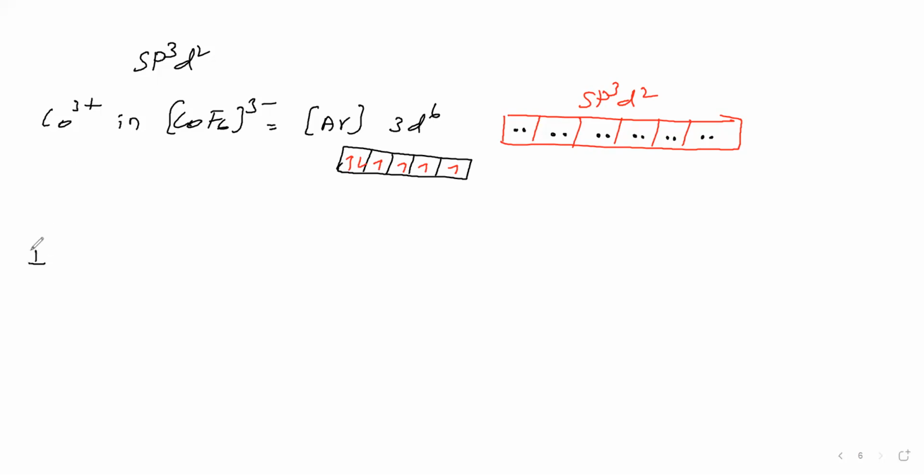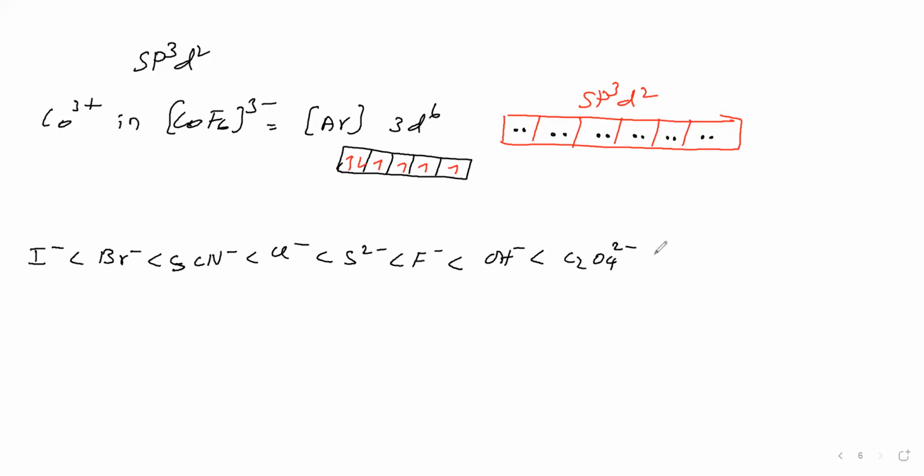The ligand strength order: I- less than Br- less than SCN- less than Cl- less than sulfide less than F- less than OH- less than oxalate less than water less than NCS- less than EDTA less than NH3 less than en (ethylenediamine) less than cyanide less than carbon monoxide.